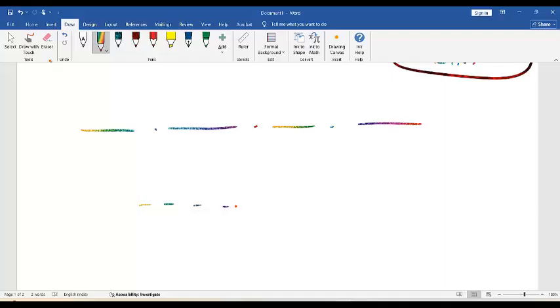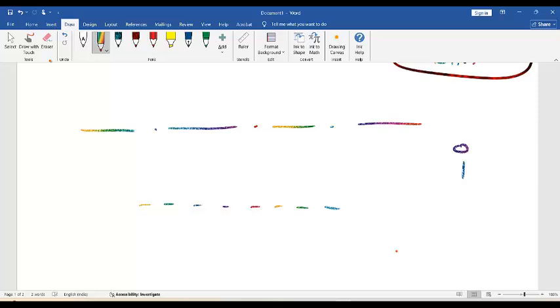1, 2, 3, 4, 5, 6, 7, 8 bits you have, and it is binary. Binary number system is using only two numbers to form the entire number system.